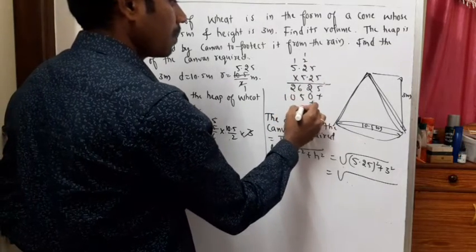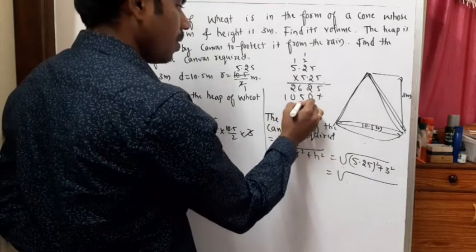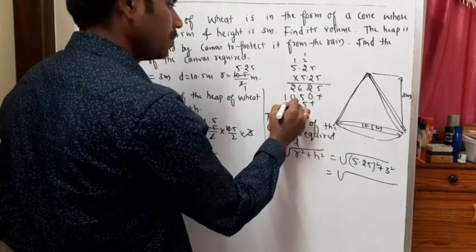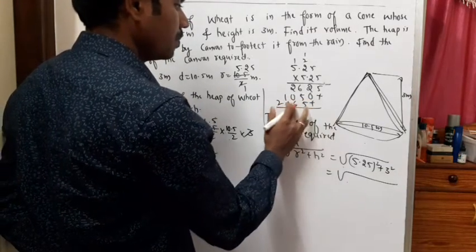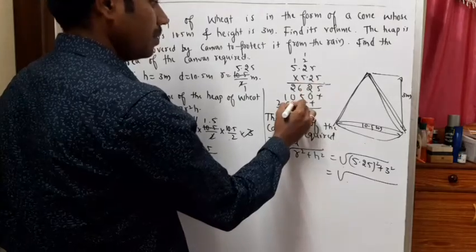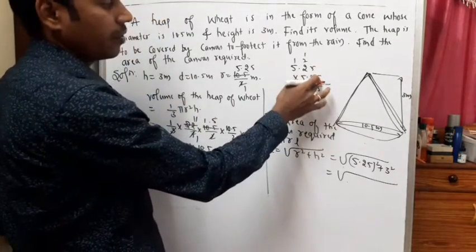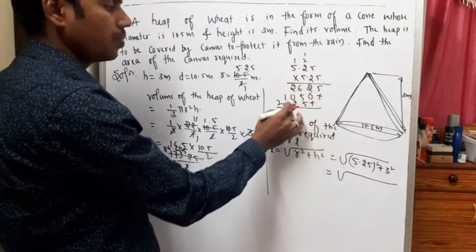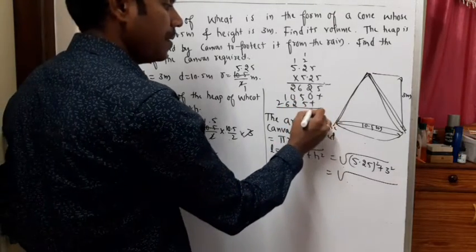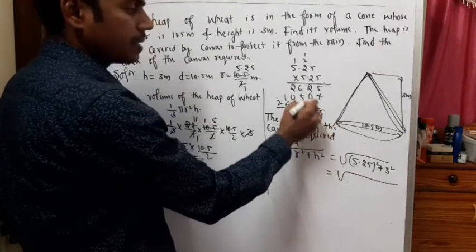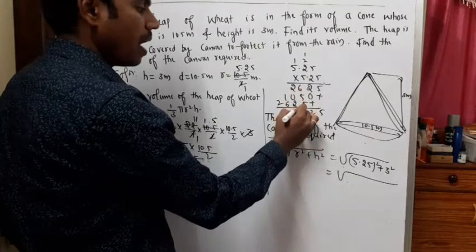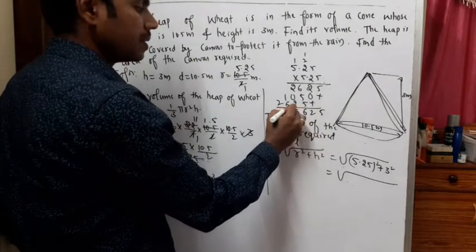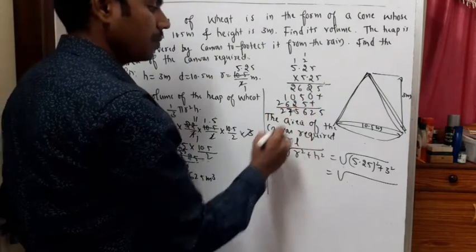Again 5 2s, 6 2s, same thing. When we multiply with 5 we got 2625, the same thing I have written. 10 plus 6, 16, 5 7 2.